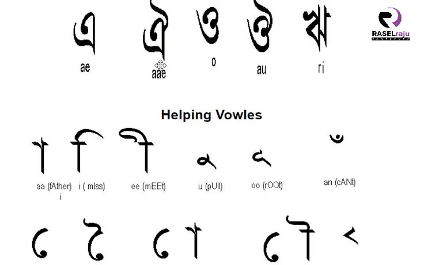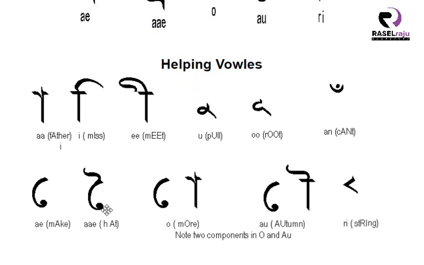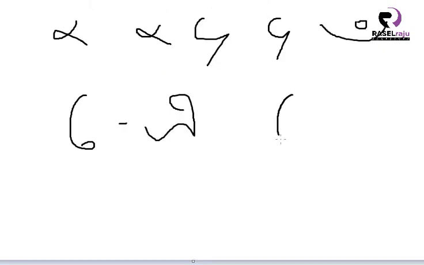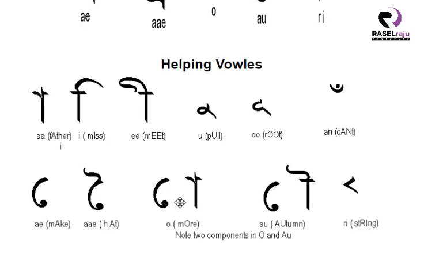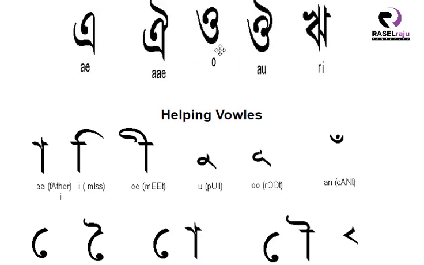It's Oi also, but it's a main vowel. It's a helping vowel. How to write it? It's O. Simple O. It's also O, but it's a main vowel. It's a helping vowel.